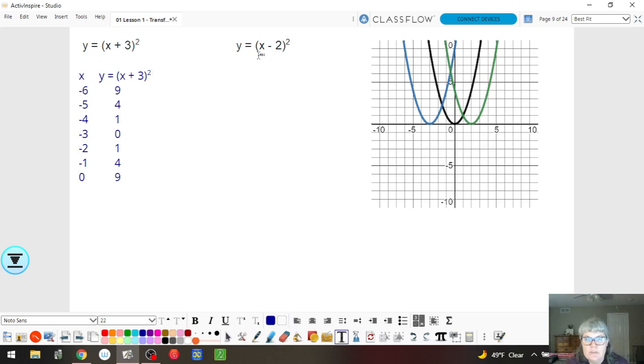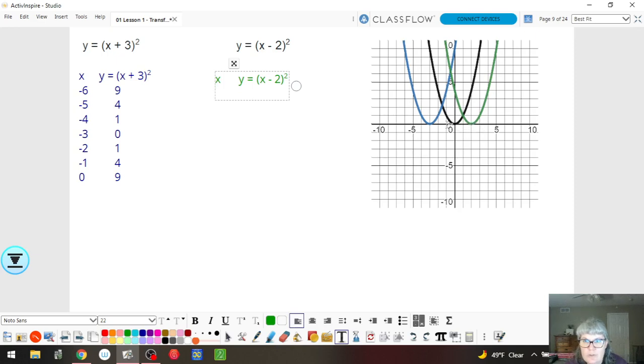X minus 2 squared is the green curve. Its table looks like this. So our vertex is at an x value of 2.